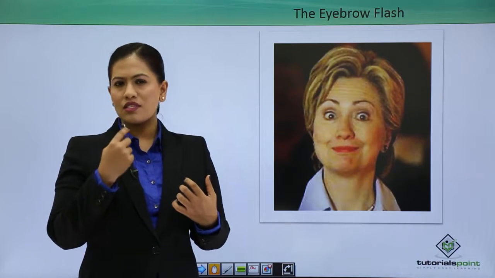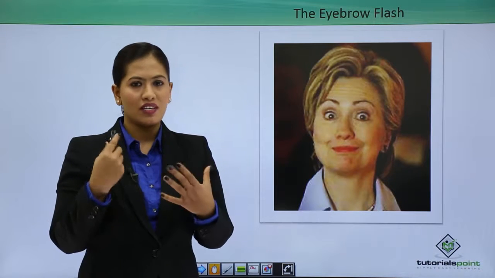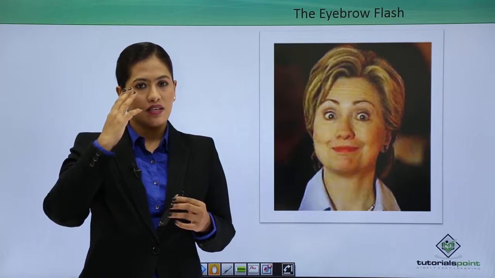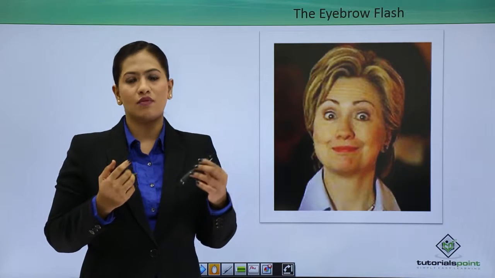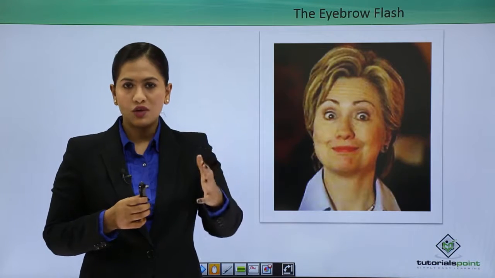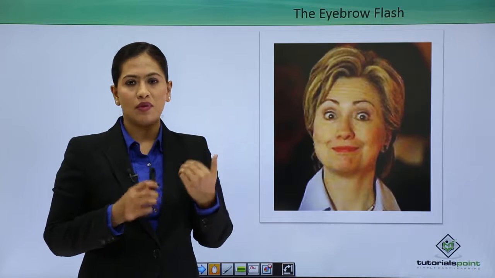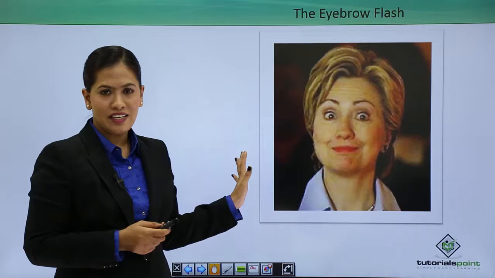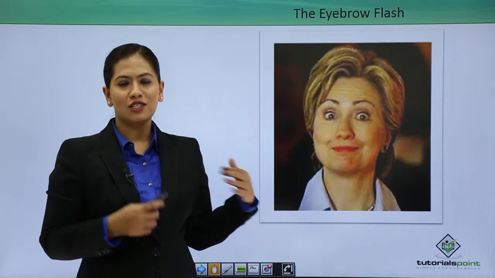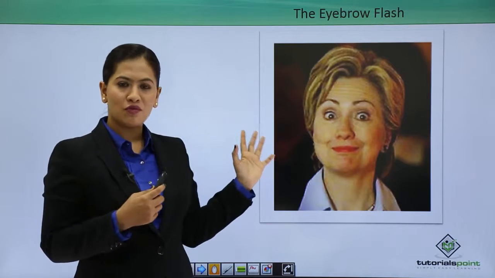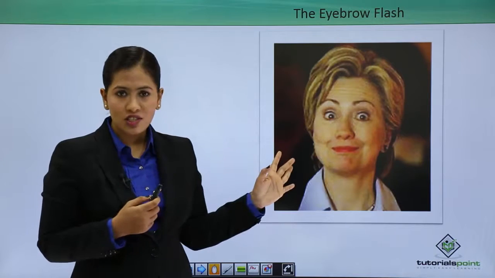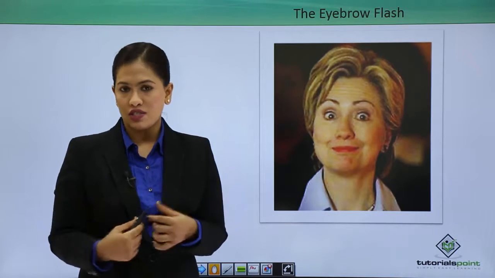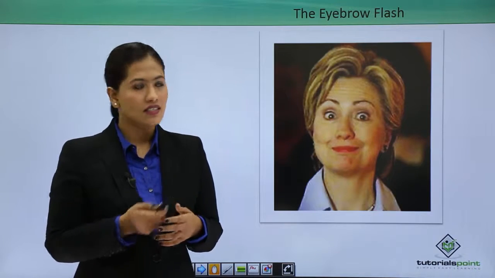So this comes in quite naturally to me, and we all have encountered this expression where I just raise a right eyebrow or a left eyebrow to say hello or a greeting, or maybe to convey that I acknowledge your presence here. This is quite naturally done by Hillary Clinton in this picture, and this picture totally depicts the subject of what we are talking about, that is the eyebrow flash, accepted but in line with culture, nationality and communities.